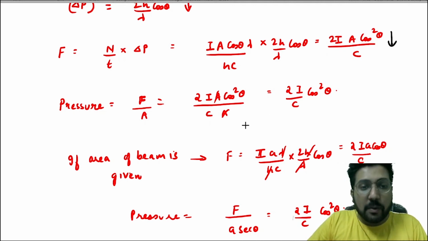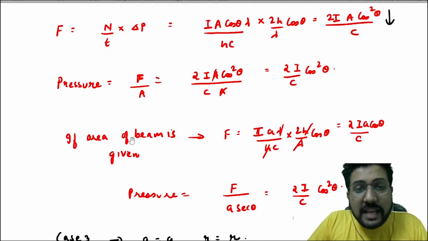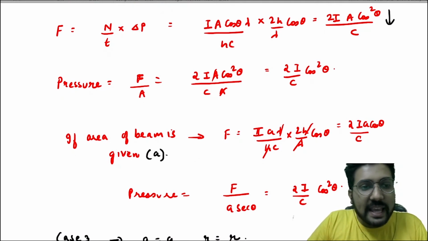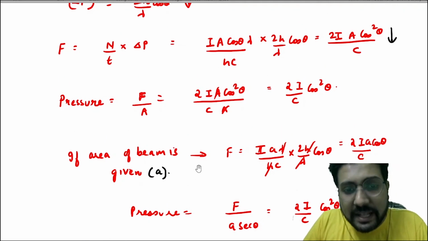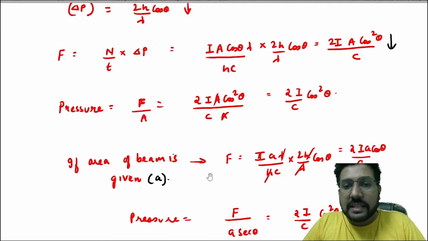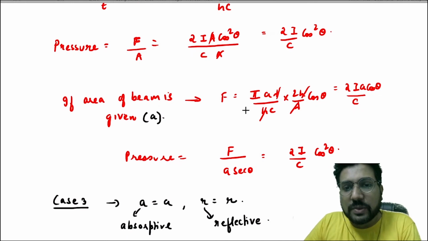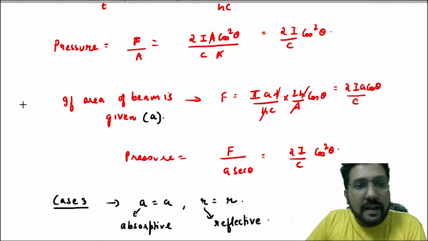Now if the area of the beam is given, that is small a is given, you will write F is equal to I n by t.